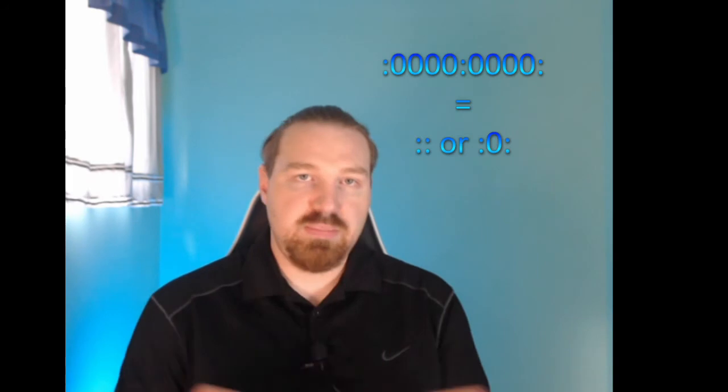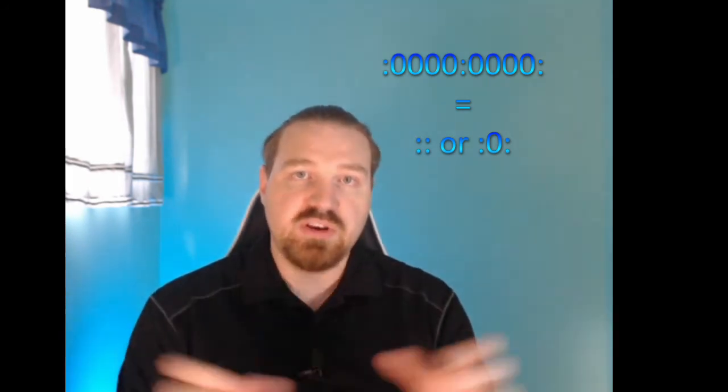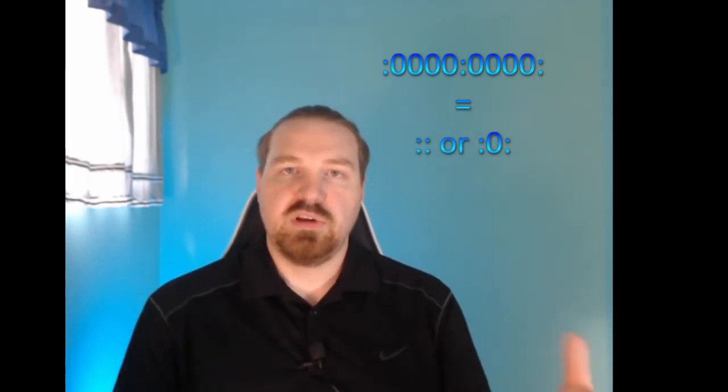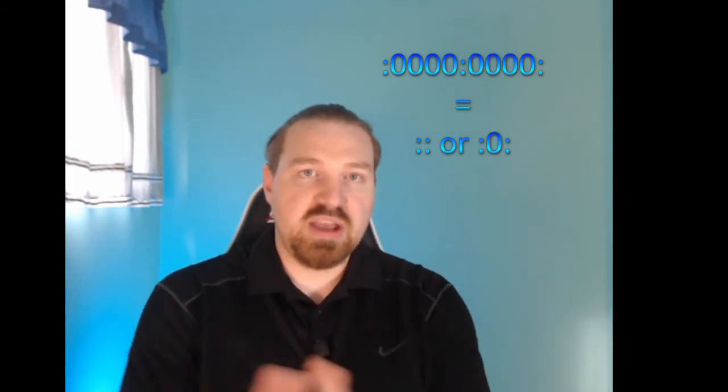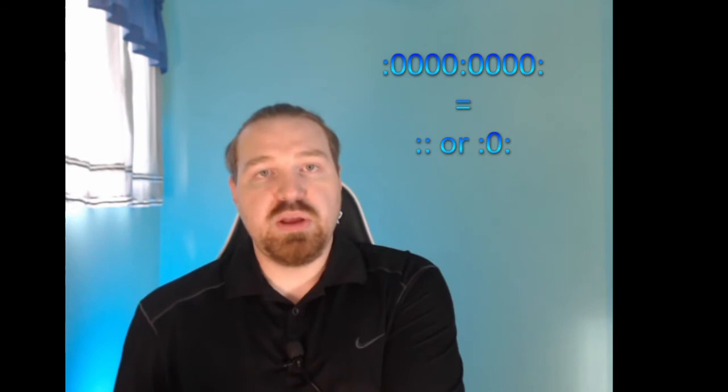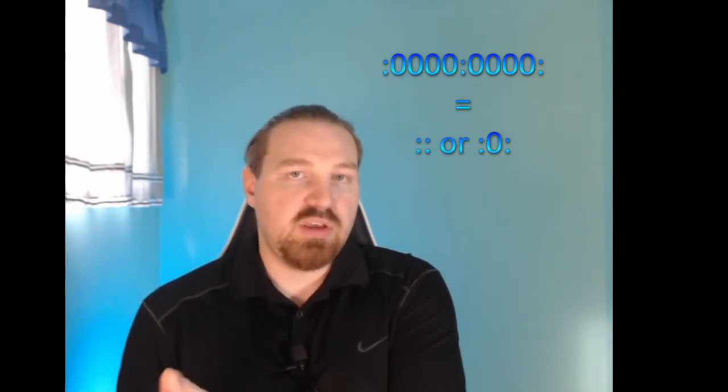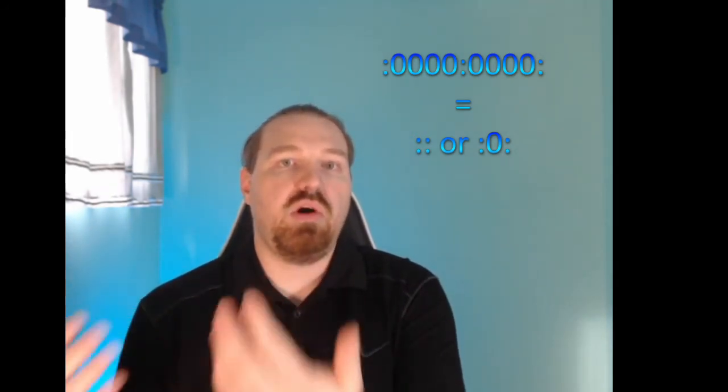So if you have an IP version 6 address that has 2 different collections of all-zero hextets, you can use the double colon in one area, and then in the other you can simply write colon 0 colon, and the computer still realizes that that is all zeros. The reason is that it needs to be able to reassemble the IP version 6 address whether you write it out longhand or not.